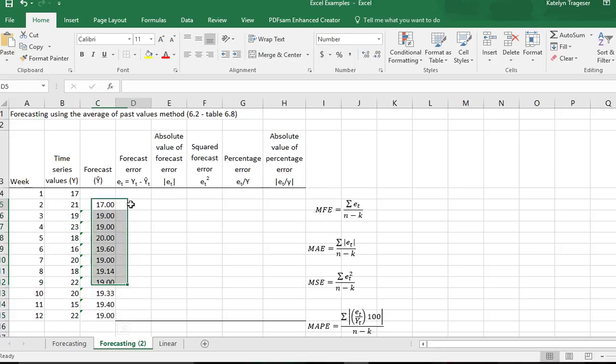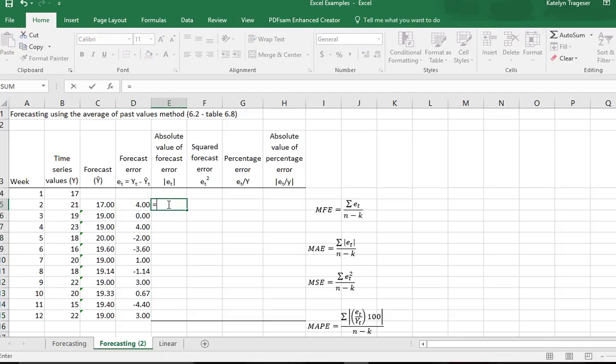And there we go. So now our next task again is to calculate the forecast error. So that is our time series value minus our forecast. Copy it down. Absolute value of forecast error, same as we did in our last example, equals ABS.